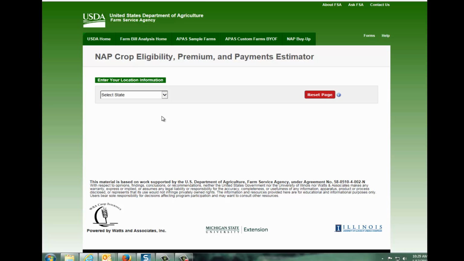But as it is an estimator, at this point, you now have to work with your county Farm Service Agency. So if you don't have the information to do your proven yields, then you need to collect that information, and then you need to work with them on what your actual expected yield will be that you can use for your NAP program. If this seems to be a tool that you can use, your next step is to gather all the pertinent information and then head down to the Farm Service Agency.